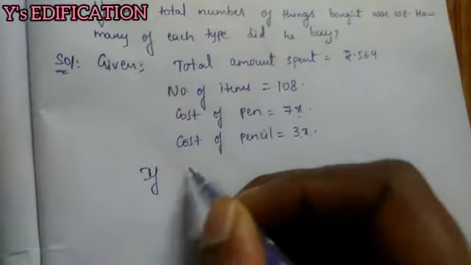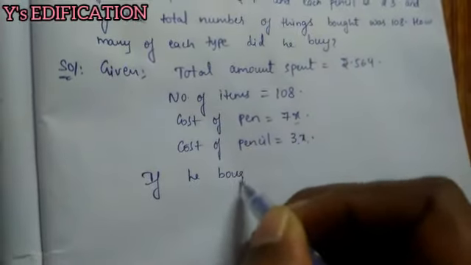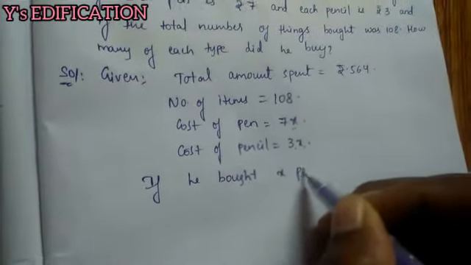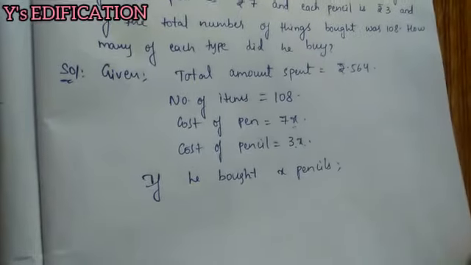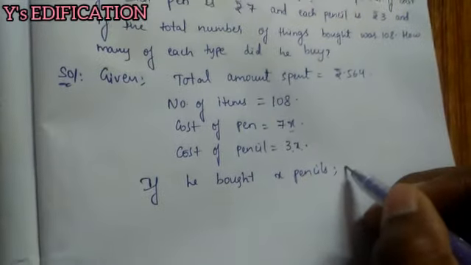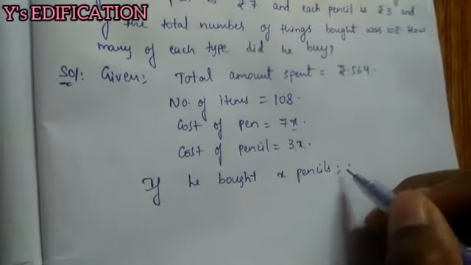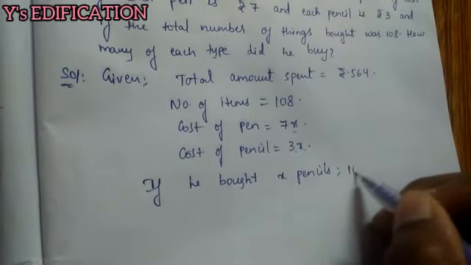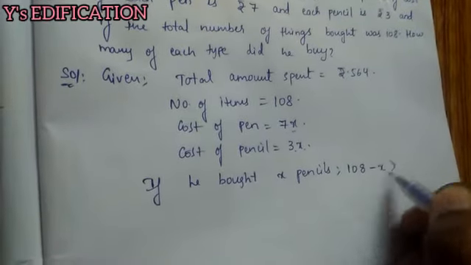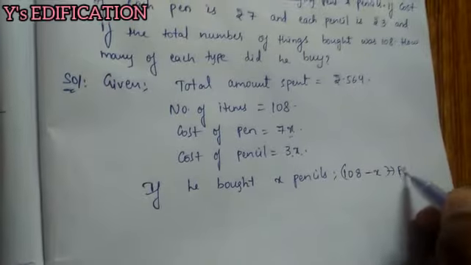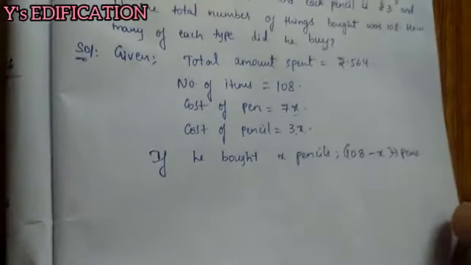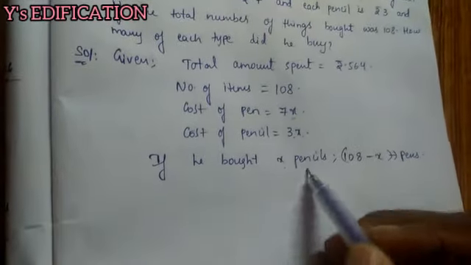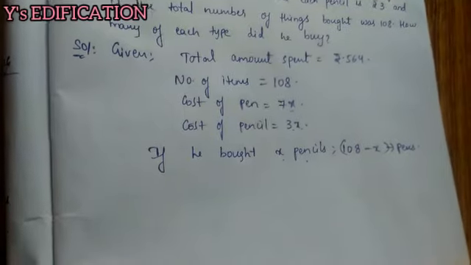If he bought x pencils, 108 minus x will be the pens.